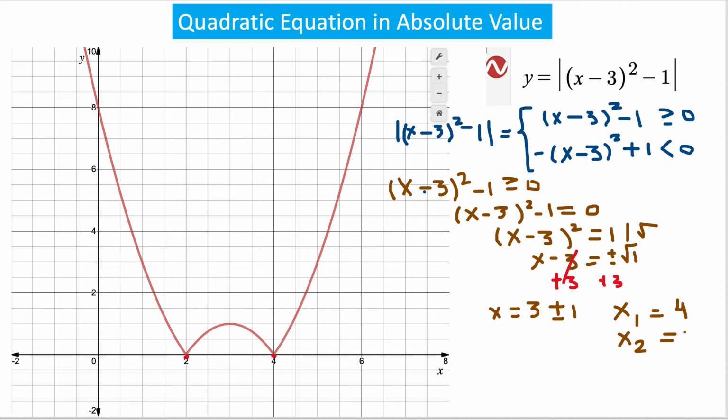But because it's an absolute value, we now have to look at the other part, and in total we are going to find 4 roots.